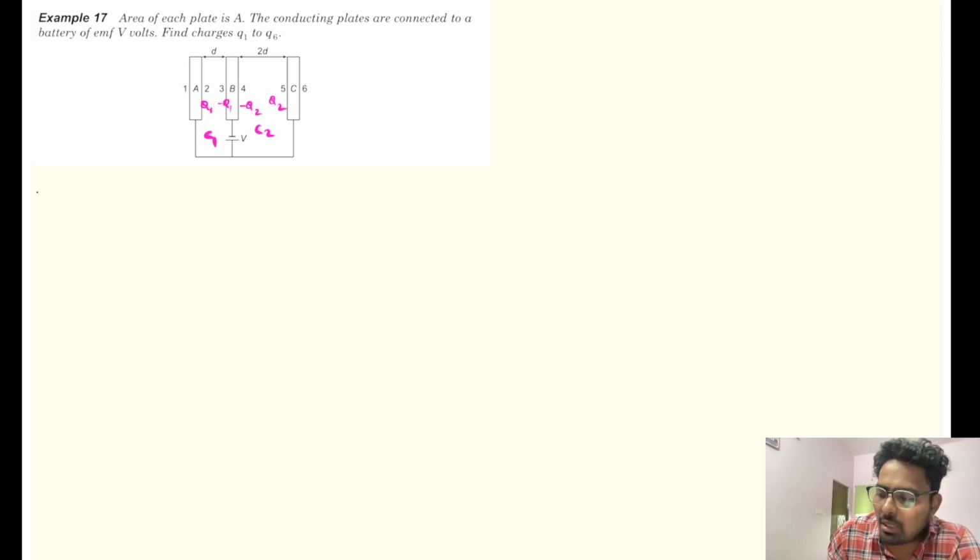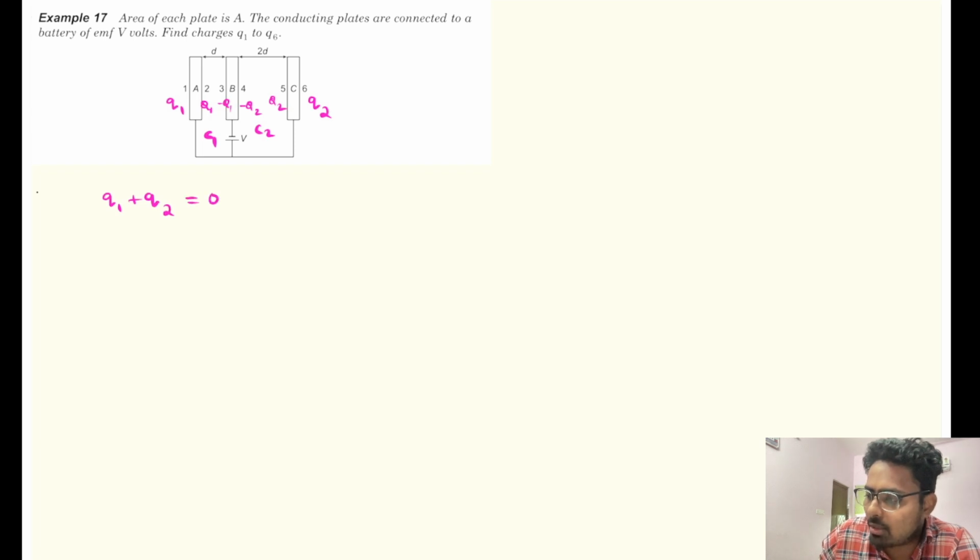If you see the total charge over here and over here, it will be 0. Originally they haven't given any charge to these plates. Now let's say the charge over here is Q1, and the charge over here is Q2. Now I can write two equations. One is Q1 plus Q2 must be equal to 0.